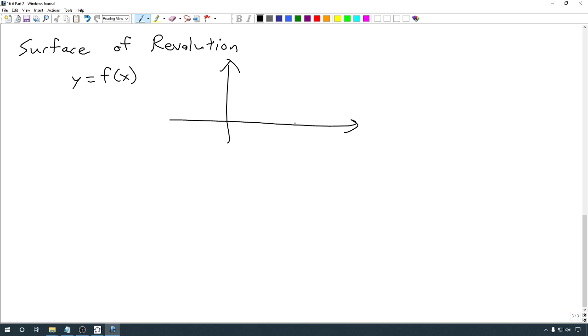One last way of getting a parameterization for a surface that we're going to talk about here is a surface of revolution. Essentially here we take some curve y equals f of x. So we have some curve in here, and we rotate it around the x-axis.